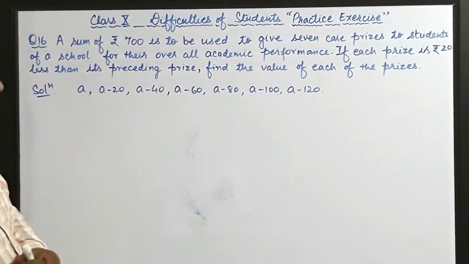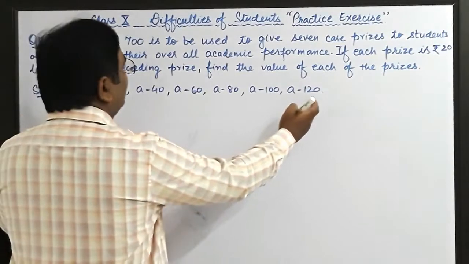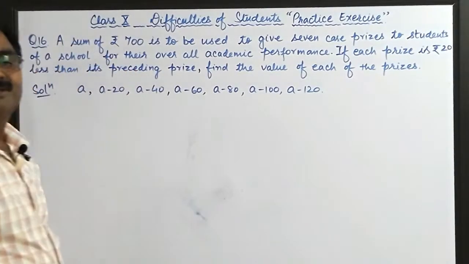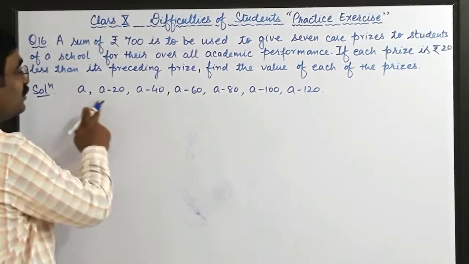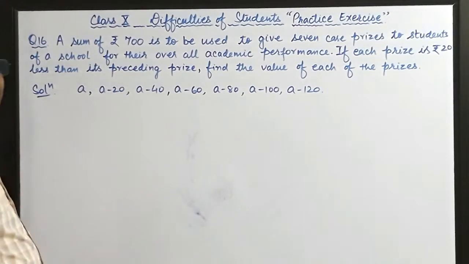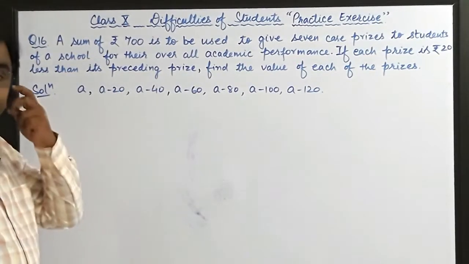Right? Now the sum of these 7 prizes is equals to 700. In this the first term is A, common difference is minus 20.